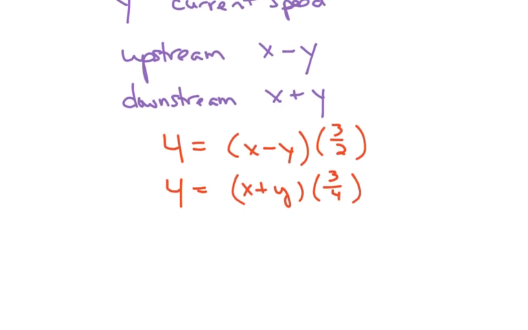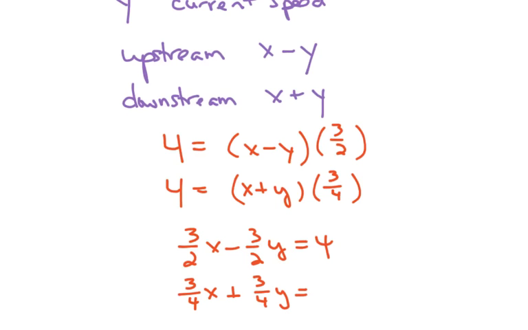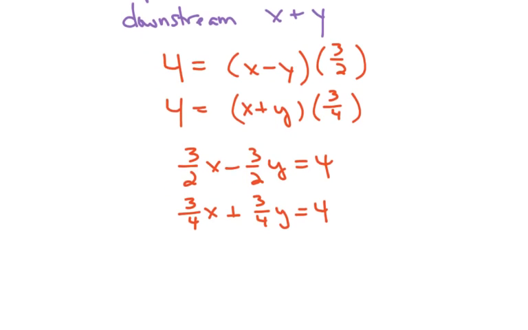This is a system in 2 variables. So the first equation is 3/2 x minus 3/2 y is equal to 4. And the second equation is going to be 3/4 x plus 3/4 y is equal to 4. I'm going to use a matrix, although you're more than welcome to do one of your other methods for solving the system. When you use a matrix, you use just the coefficients.